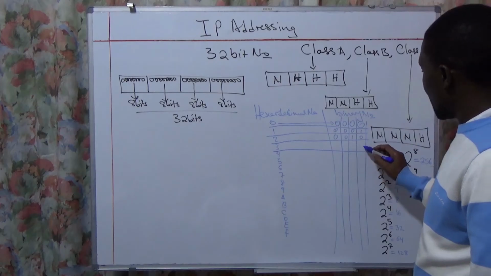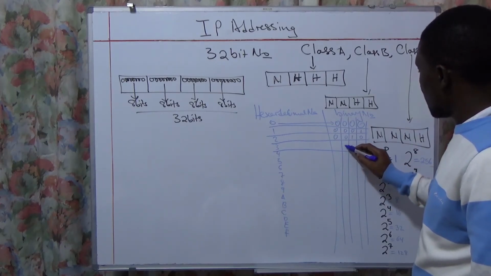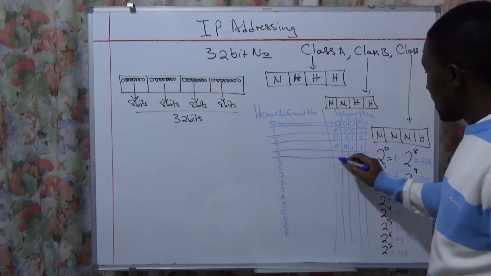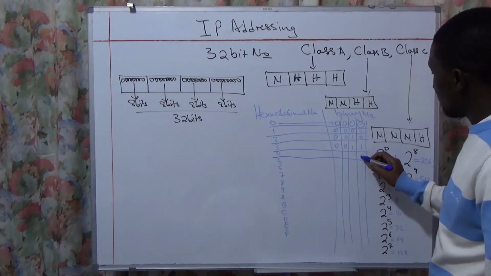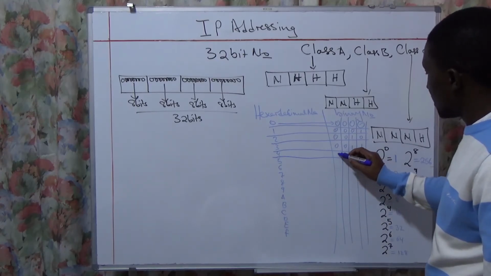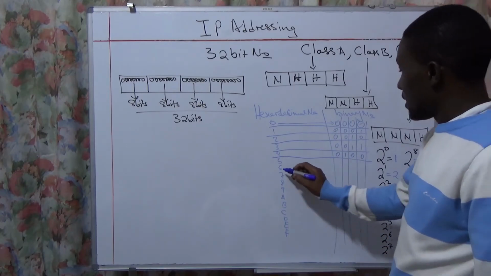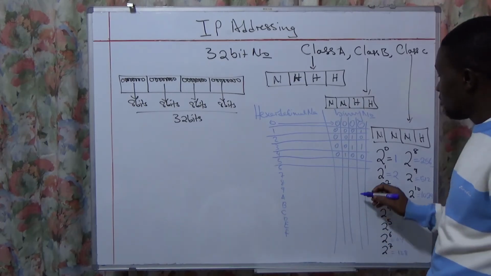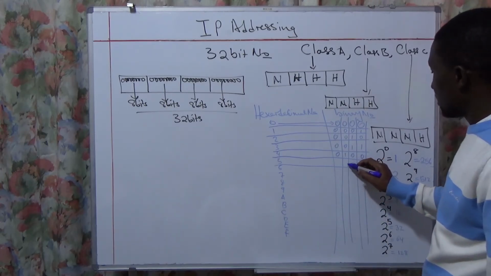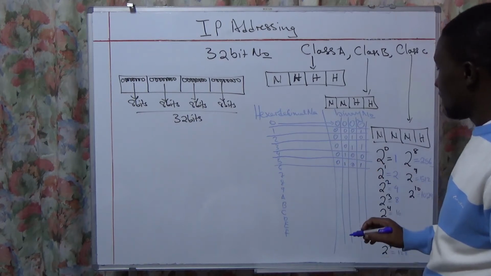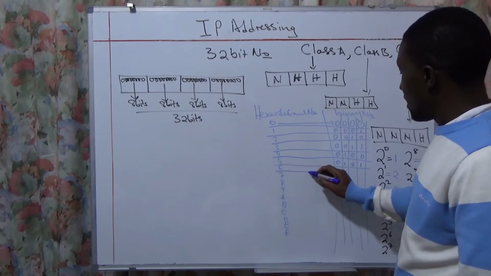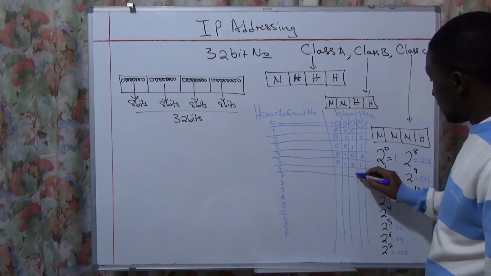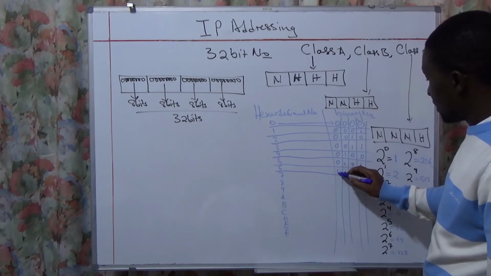And then 3 into binary will be 1, 1, 0, 0. And then 4 into binary will be 0, 0, 1, 0. And then 5 into binary will be 1, 0, 1, 0. And then 6 into binary will be 0, 1, 1, 0.